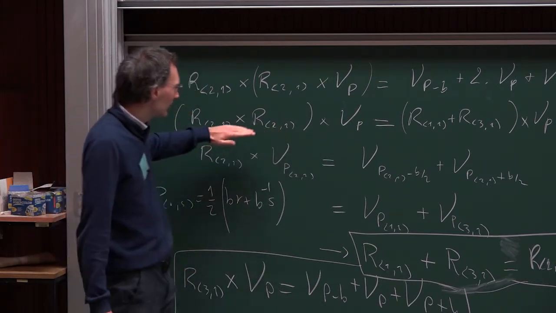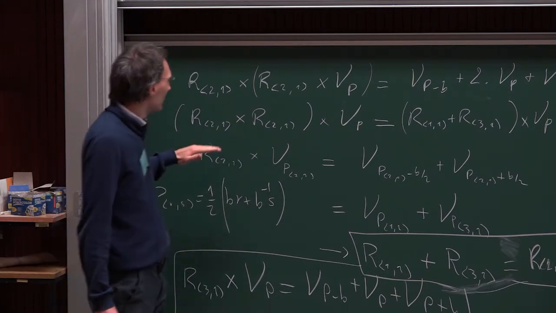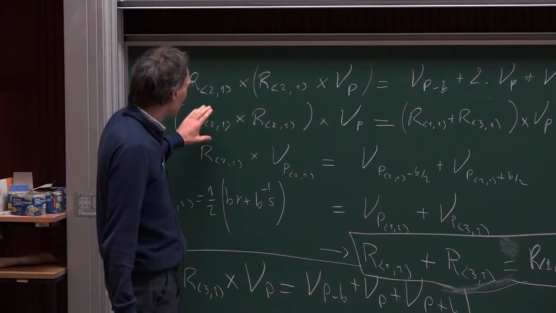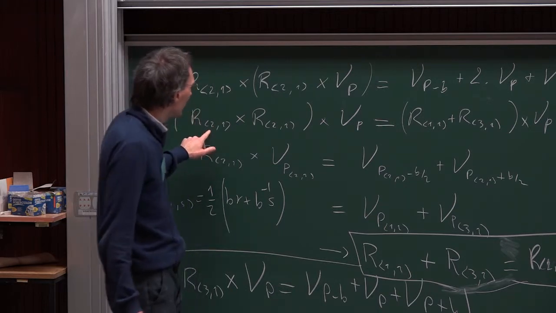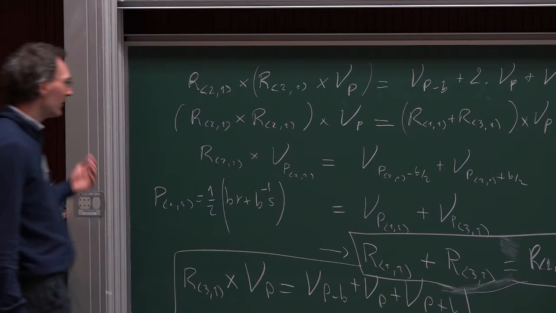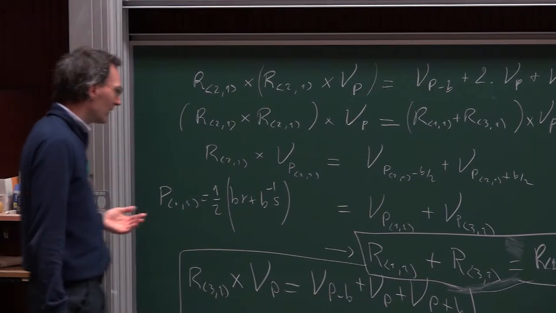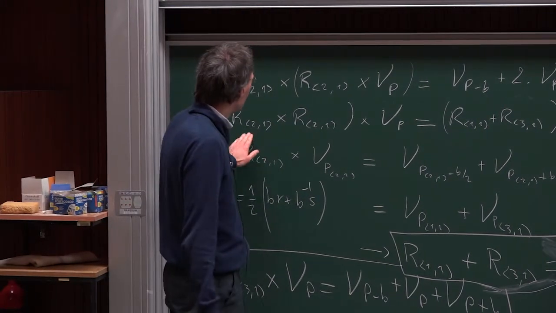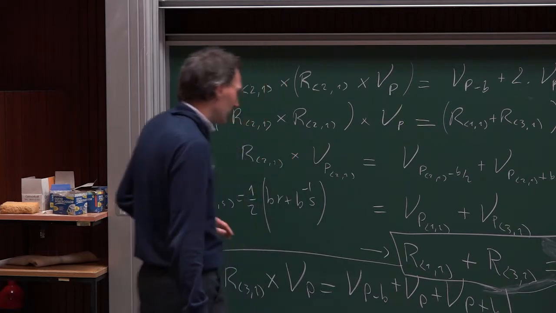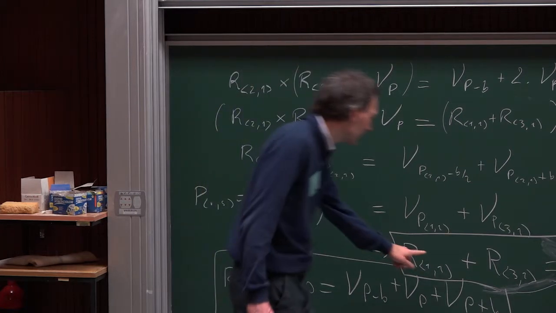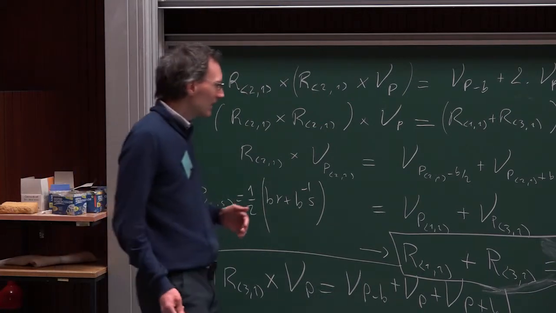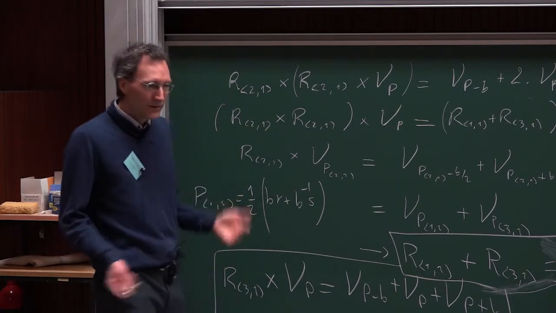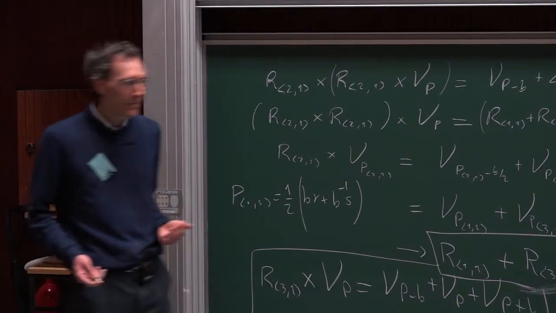We can find which ones by using the constraints from symmetry on this OPE of two degenerate fields with one another. In this case, we found that R21 times R21 had to be R11 plus R13. And by repeating this, we could get the infinite family of degenerate representations.